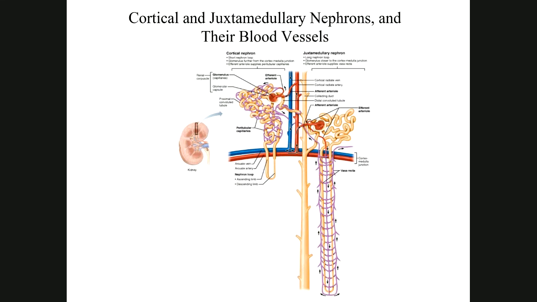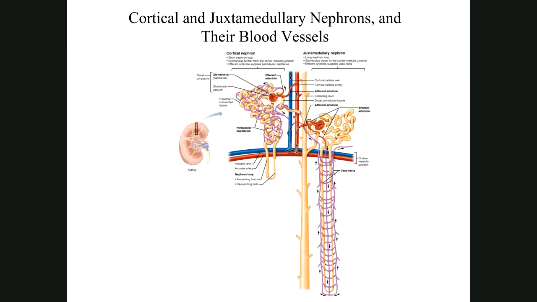Efferent, efferent, afferent. If you look at the size, the afferent is always larger. All right, so those vasa recta arise from efferent arterioles.